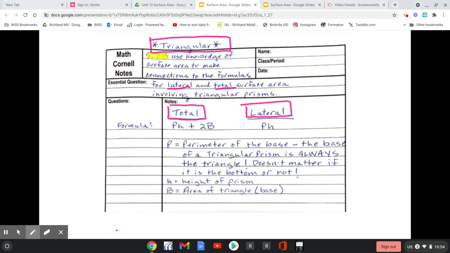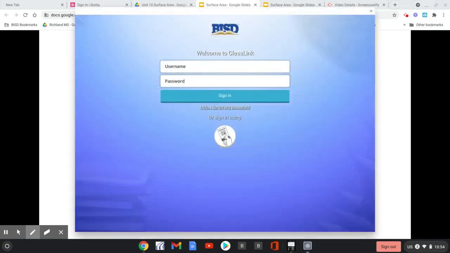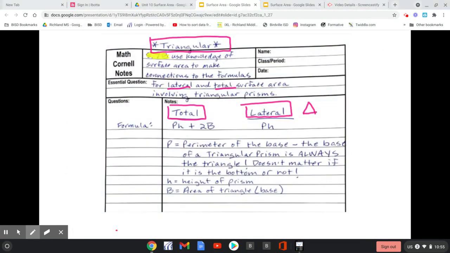The thing is, on the STAR test and any test that we take in here, for the triangular prisms, we will only use lateral. So that's what we're going to focus on.